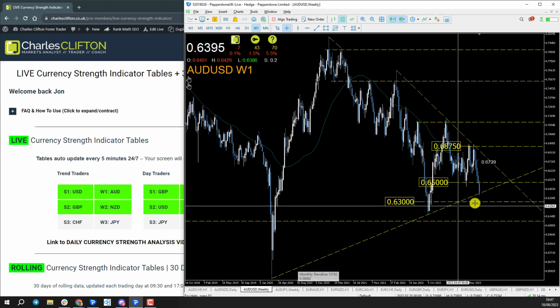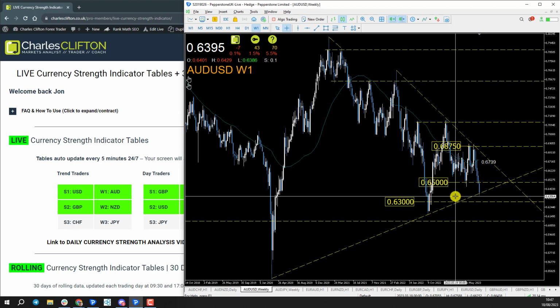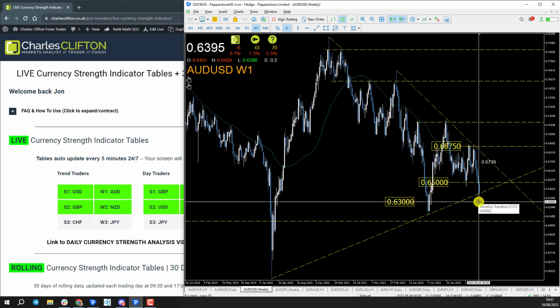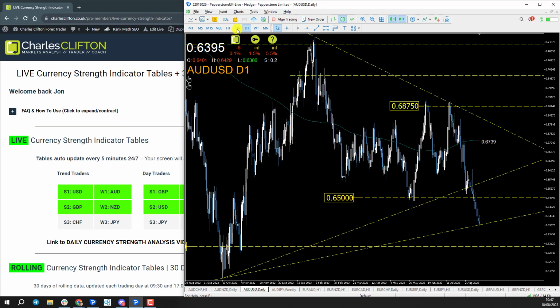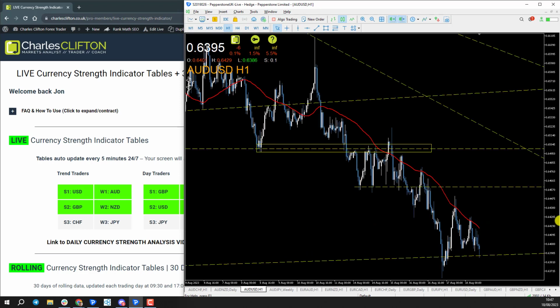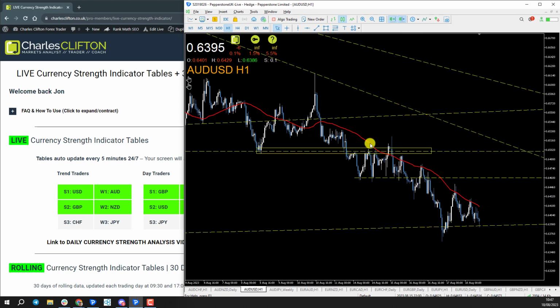So this is quite a significant trend line support, I would say, for the Australian dollar. I like the potential for the market to move to the 0.63, maybe even to the 62 handle, but we are just coming into that support zone now, so maybe we'll get a little bit of a bounce here. Obviously, looking at it from an hourly, it looks really good as well.